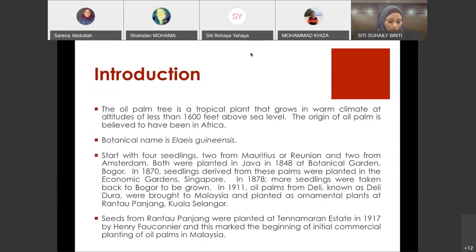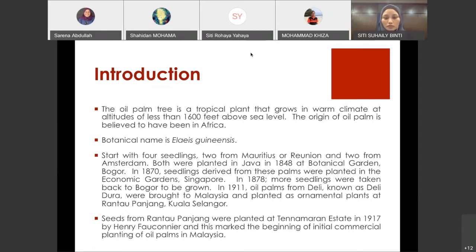Then in 1878, more seedlings were taken back to Bogor to be grown. This is the history of how oil palm started in Malaysia. Then in 1911, oil palm from Deli, known as Deli Dura, was brought to Malaysia and planted as an ornamental plant at Rantau Panjang, Kuala Selangor.